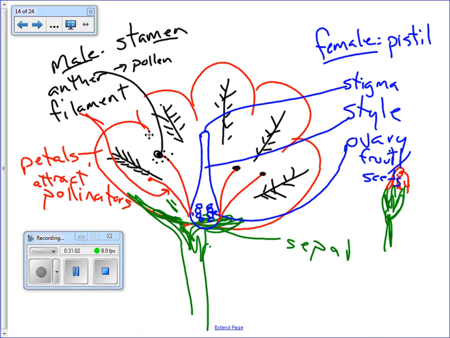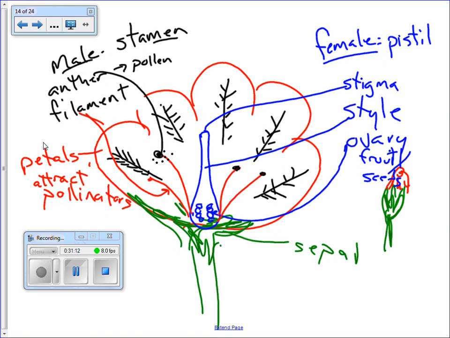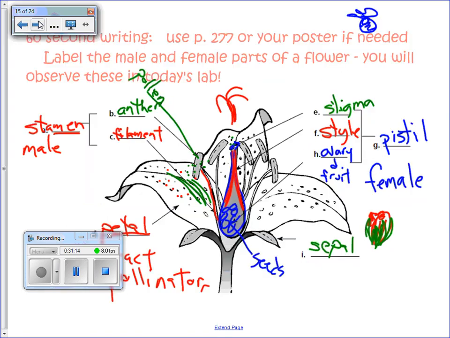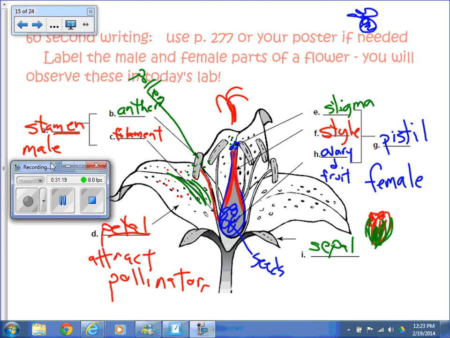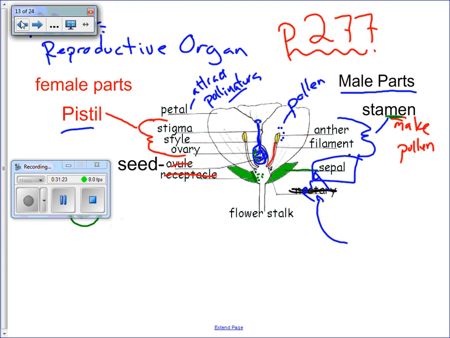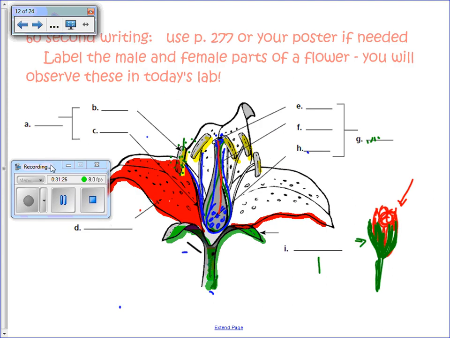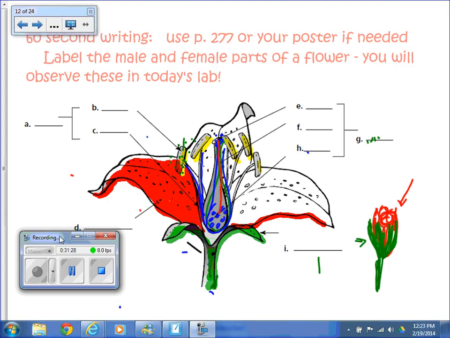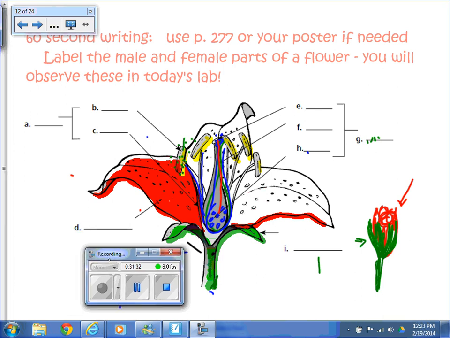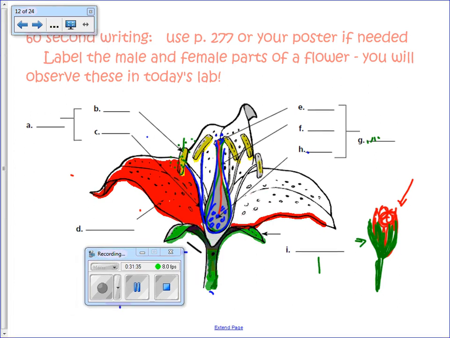We are nearly out of time, and I think that is everything. My flower kind of slid sideways here. So this is on Edmodo. And then also, there's a few other pictures. This is the picture from the textbook. And on this Edmodo, I will also leave this blank flower, so you can label this. Plants like this, lilies, have fairly large parts and are pretty easy to see all the parts.